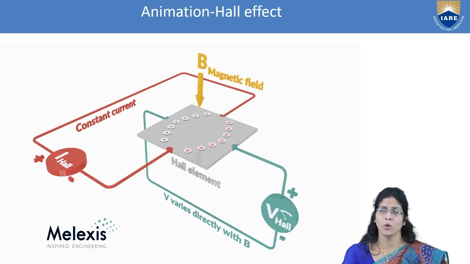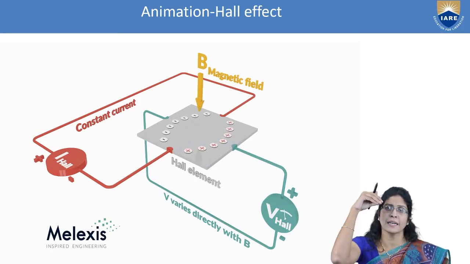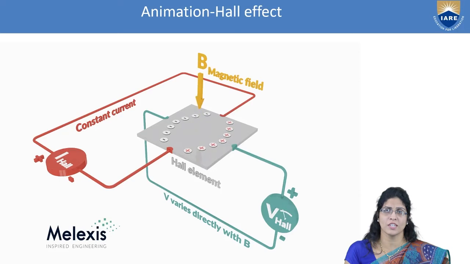Now moving ahead, see the magnetic field when it is applied to the semiconductor, which has both electrons and holes. You can see how they are distributed once the magnetic field is applied perpendicular to the charges.